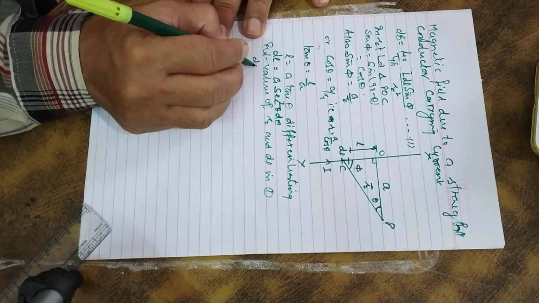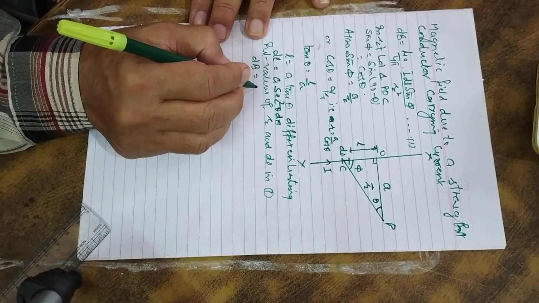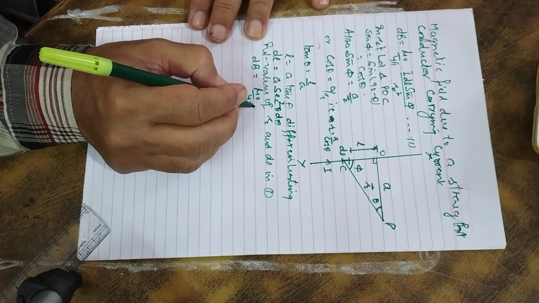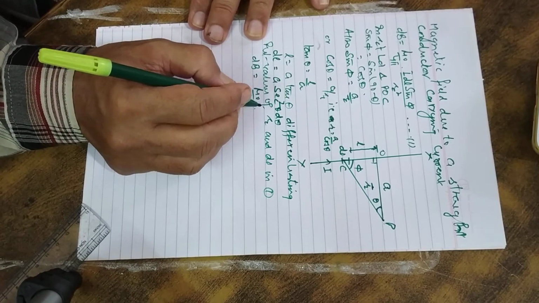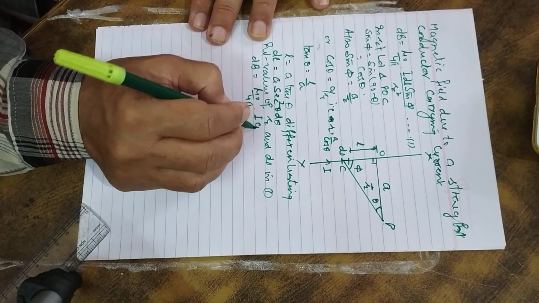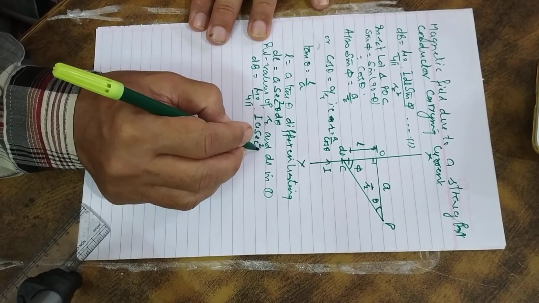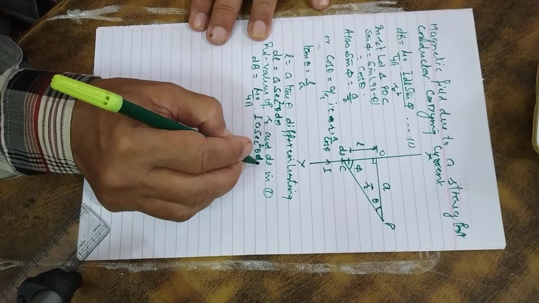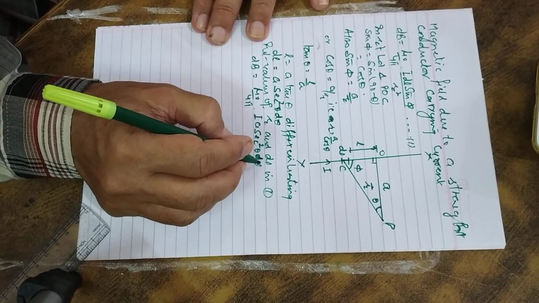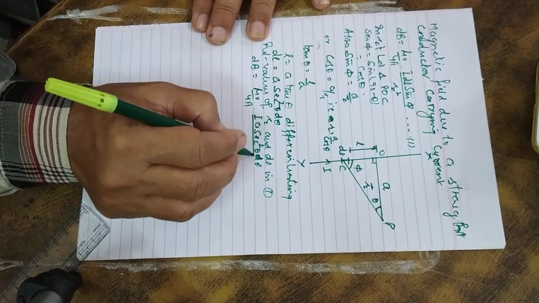This becomes dB is equal to mu0 upon 4 pi, I A secant square theta d theta upon r square.